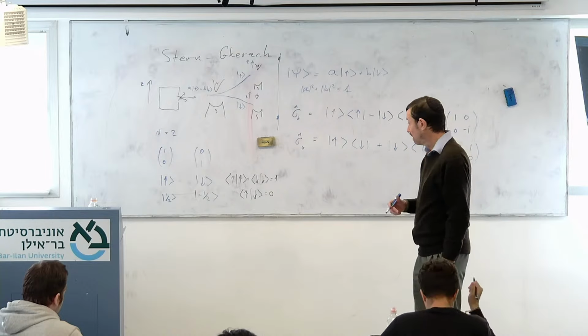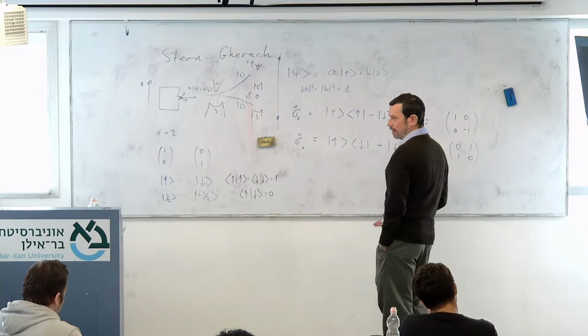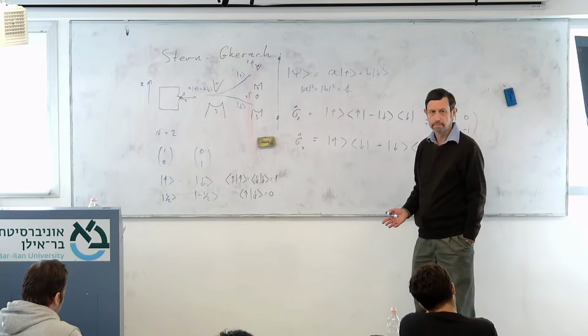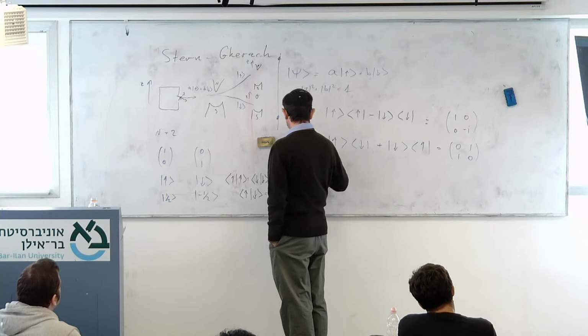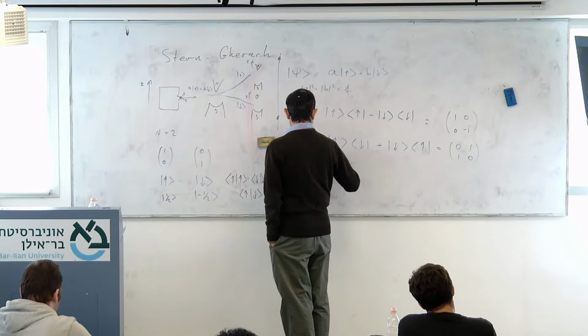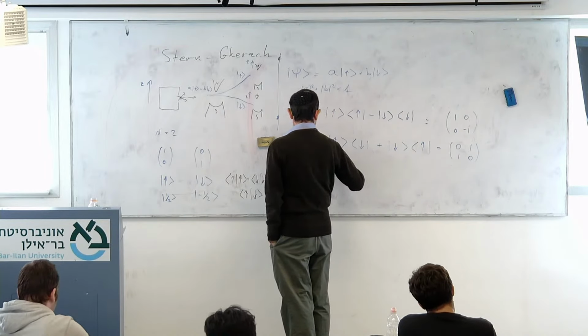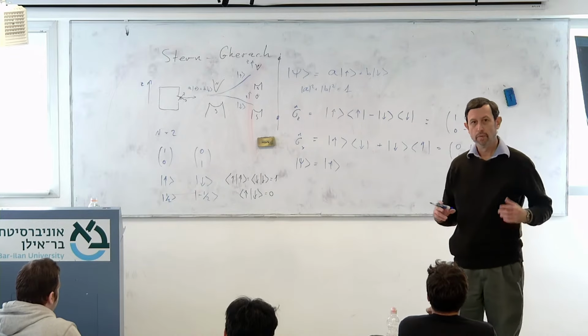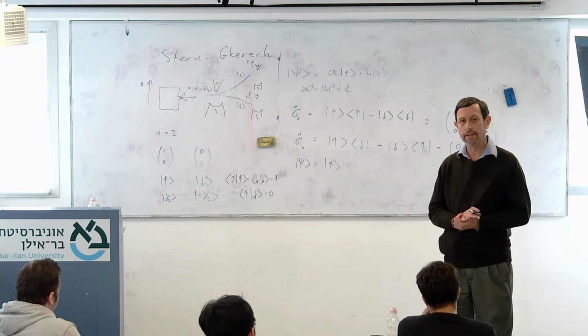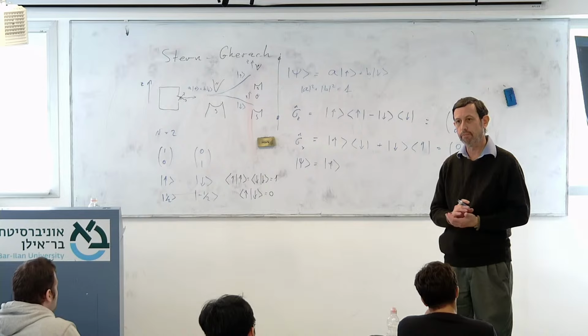Okay, let's see if it makes any sense. If I go and measure and have the wave function in the direction up in z direction, what do I know on the magnetic moment in the x direction?